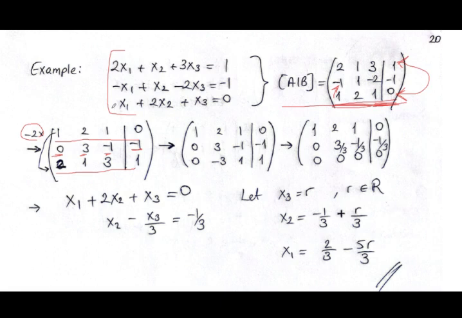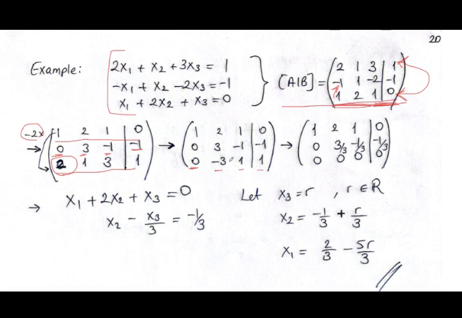And then our goal is also to get this guy equal to 0. So I multiply the first row with minus 2 and add to the third one. So I get this 0, minus 3, 1, 1. Now, my system starts to become simpler.